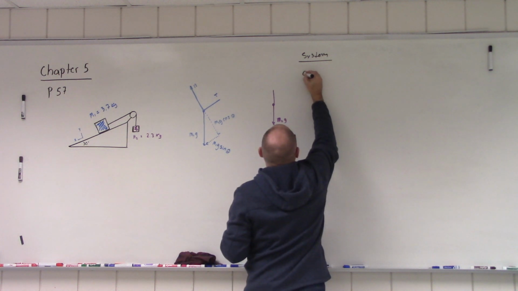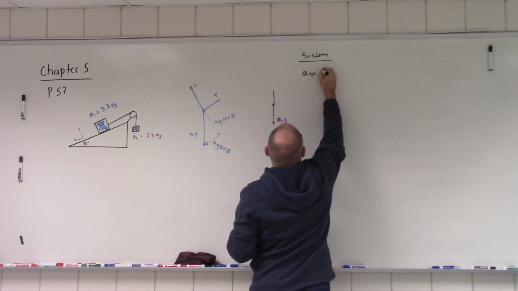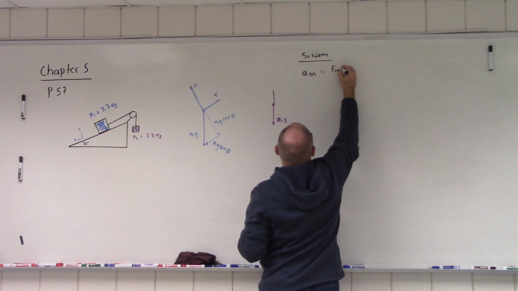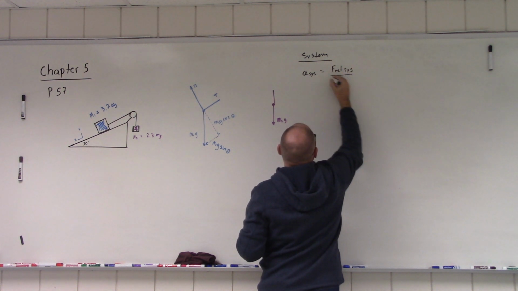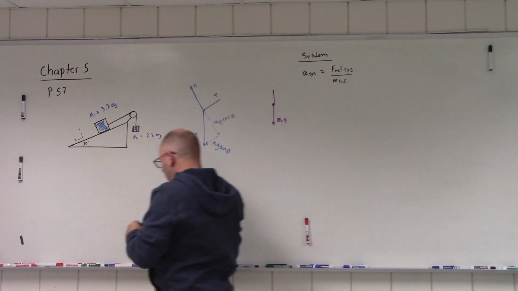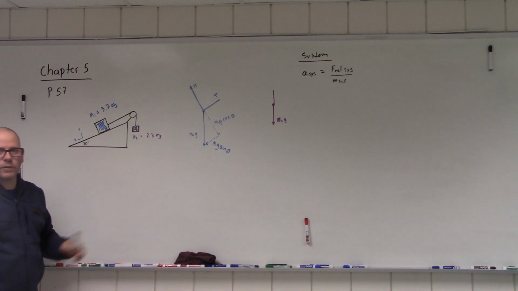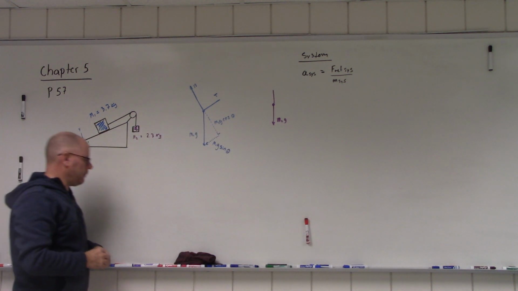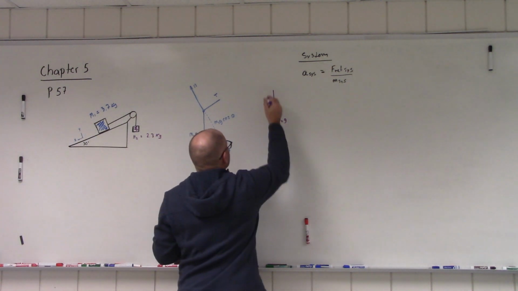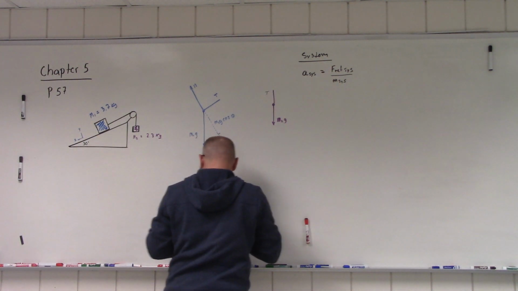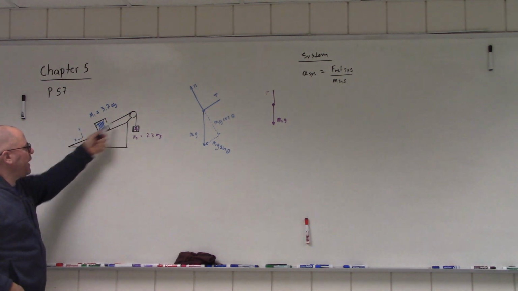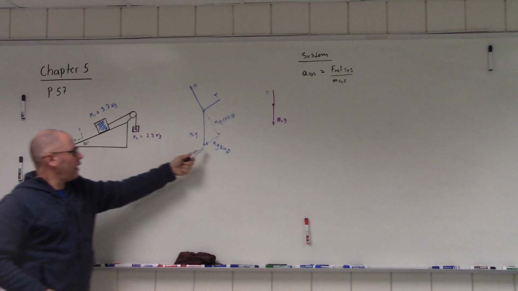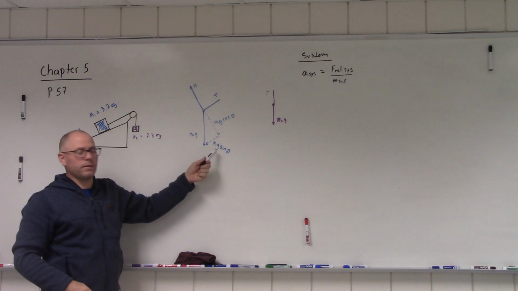So I know the acceleration of the system is equal to the net force on the system divided by the mass of the system. So I want to know what forces are causing this thing to accelerate. Well, think about it this way. The only force that's making this thing slide up and down the ramp are the tension and the mg sine theta.